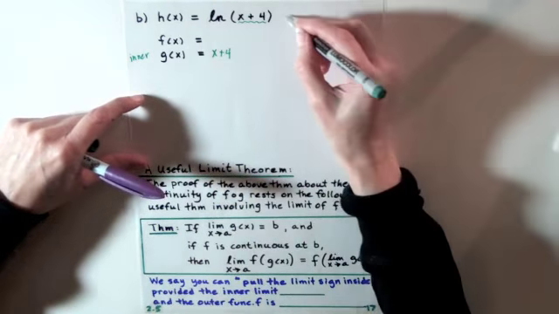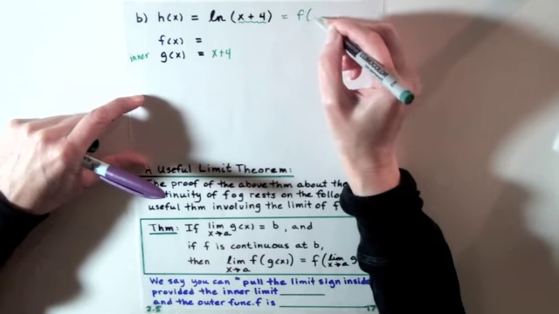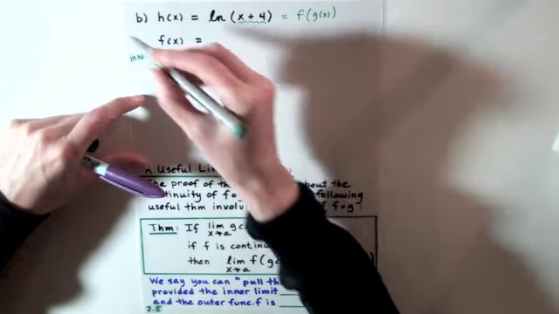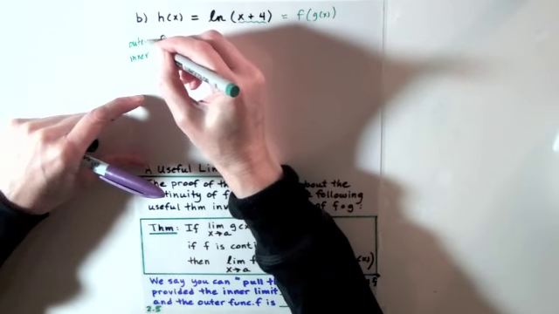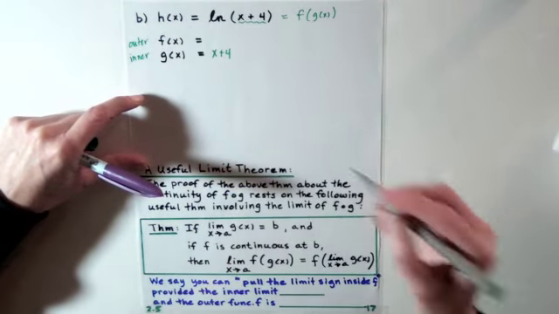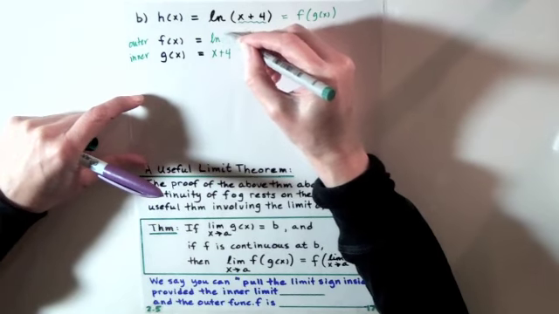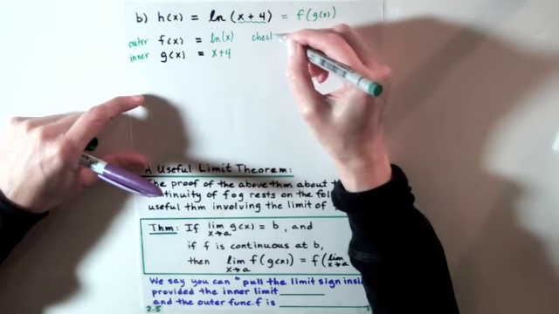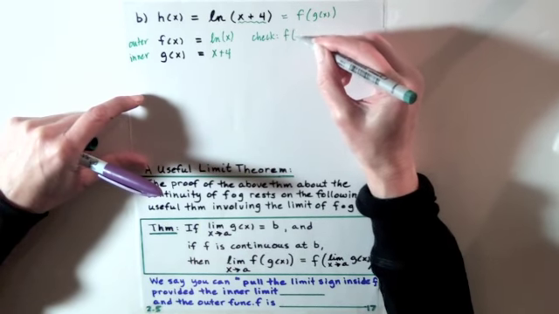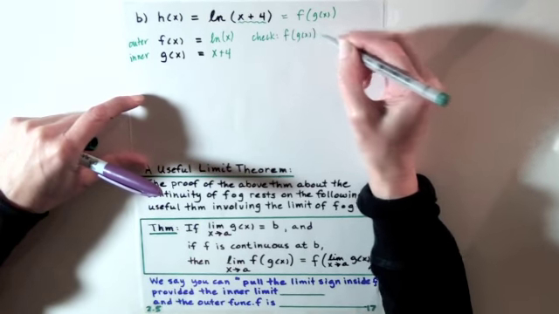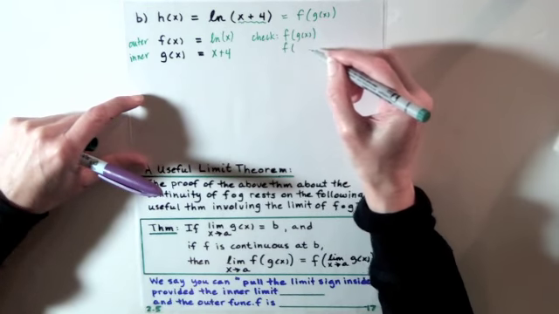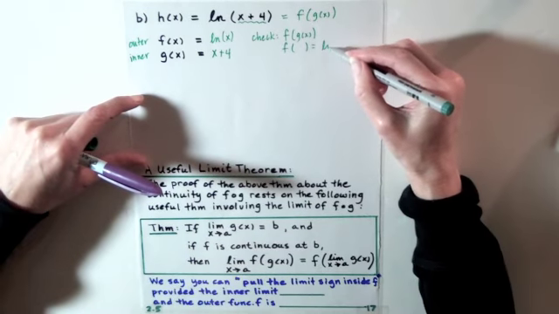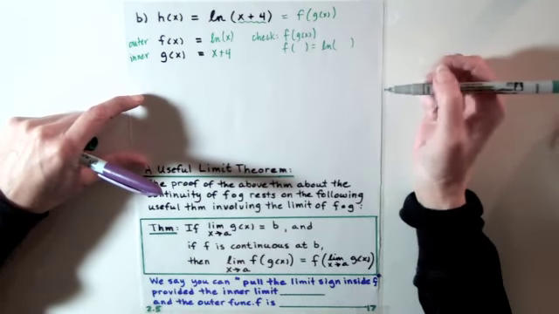And then for this to be equal to some f of g of x, if I declare the inner function to be x plus 4, what must the outer function be? Well, it would have to be the function ln of x. And just to check that, keep in mind that if I'm calling f of x ln of x, f of whatever I throw in is ln of whatever I throw in.